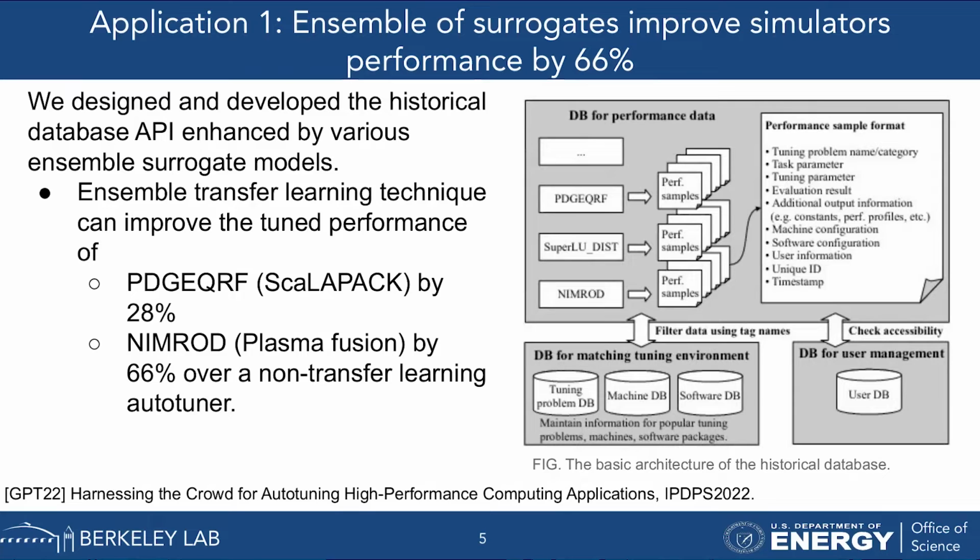So with our framework, we support the aggregation of different models, and therefore you can create an ensemble of different but similar surrogate models to further improve the tuning performance. With this method, we improved the ScaLAPACK performance by 28%, and also the NIMROD performance by 66%.